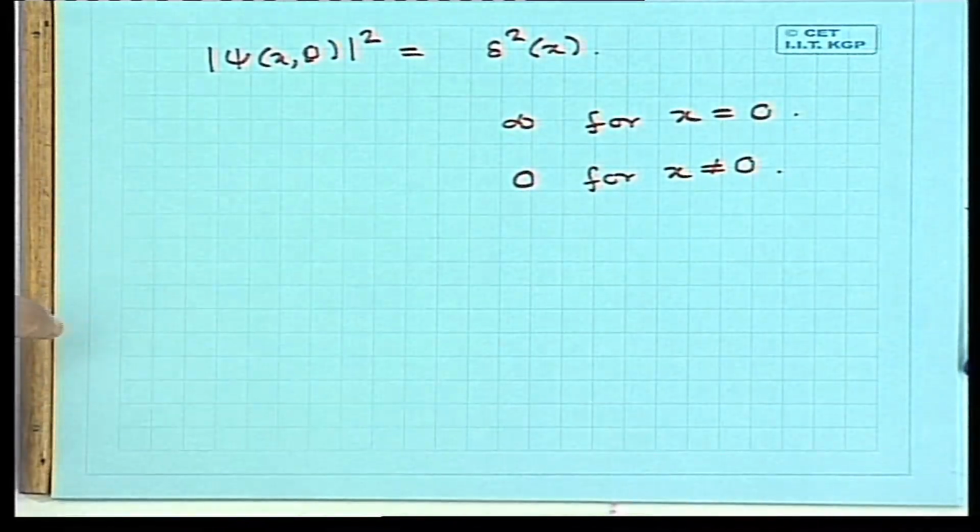This is the Dirac delta function. So this corresponds to a particle localized at x equal to 0. So now we know where the particle is, but do we have any idea about the momentum of the particle?